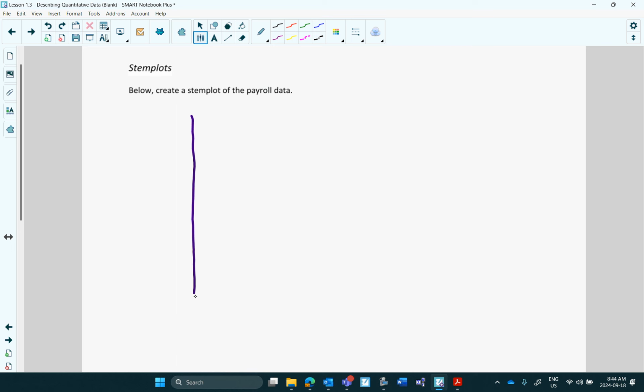To write 34, we put the units digit on the right and the tens digit, because there's only a tens digit, on the left. This we call the stem, and this we call the leaves. A lot of times a stem plot is called a stem and leaf plot. Then to enter the next data value, which is still in the 30s, 39 million, we wouldn't write 39 down here because we've already got the 30s represented. We put the 9 there.